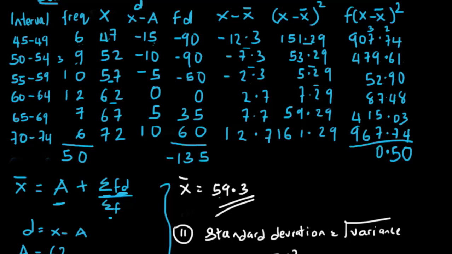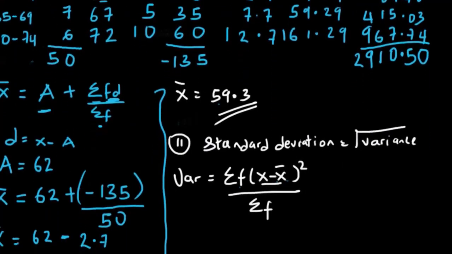So 0 carry 4. 4 plus 7 is 11, 11 plus 5 is 16, 16 plus 8 is 24, plus 1 is 25. 25 plus 6 should give us 31. 1 carry 3. 3 plus 9 is 12, 12 plus 4 is 16, 16 plus 4 is 20, 20 plus 9 is 29. So we have 2910.5.